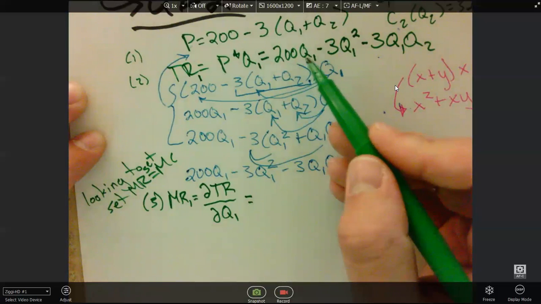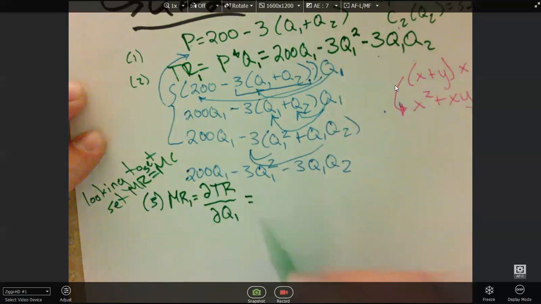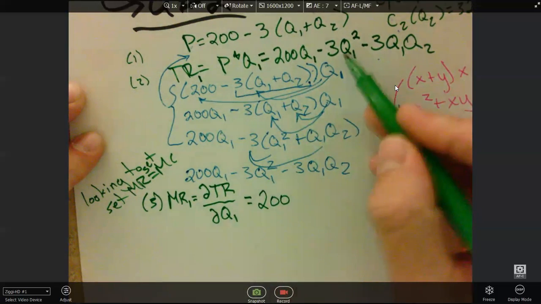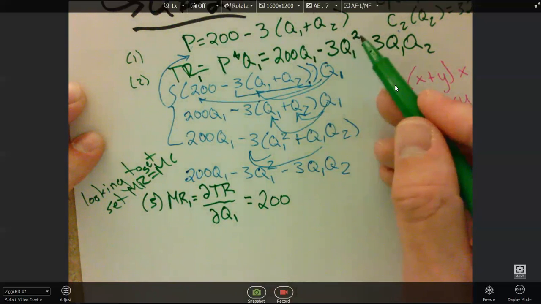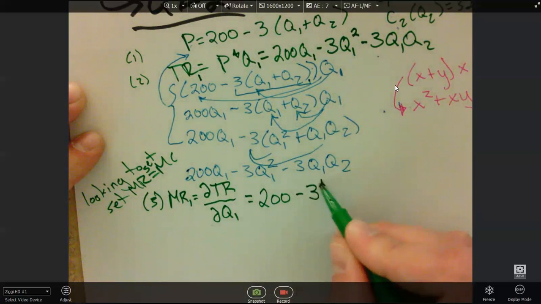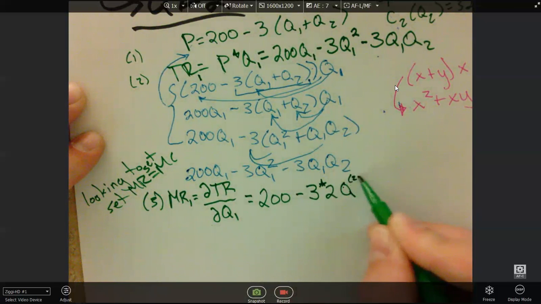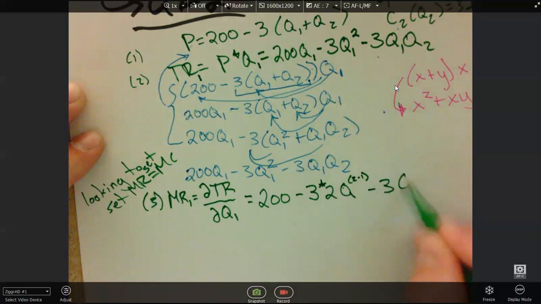So this one, since it's just Q to the 1, we know that that just drops out, and we end up with whatever is attached to it, the constant. So it's 200. Here we're going to use our power rule. We're going to take 2, multiply it by 3, and do Q1 to the 2 minus 1. I'll spell that out for you guys: 3 times 2 times Q to the 2 minus 1. And then this one is going to be -3 times Q2.